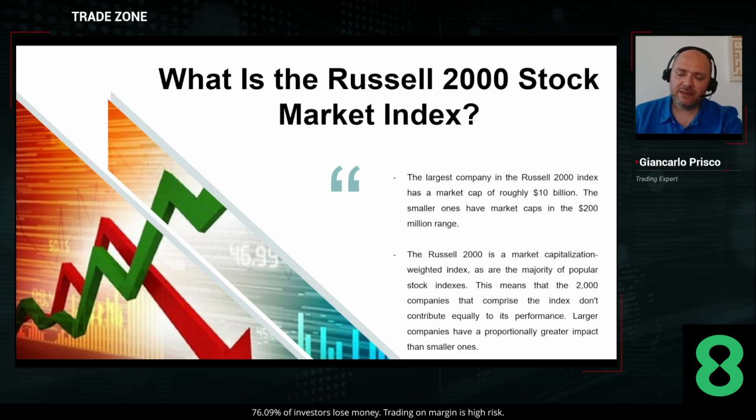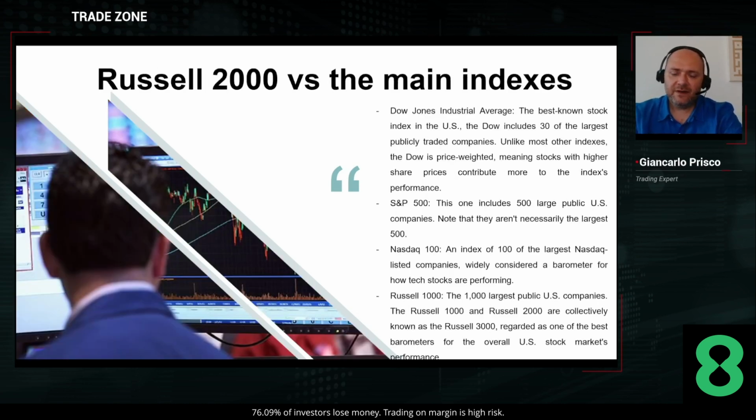Nasdaq and Standard & Poor's are market capitalization indexes. It means that the larger companies have proportionally greater impact than smaller ones. The difference with the other indexes is very clear, because we know that the Dow Jones is price weighted. The Standard & Poor's and Nasdaq include the most important, larger companies of the USA market, of course including the tech sector.